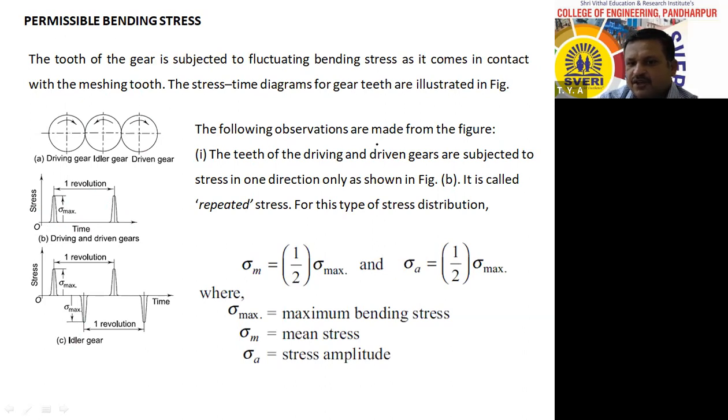Therefore, the following observations are made from the figure. First, the teeth of the driving and driven gears are subjected to stress in one direction only, as shown in figure B. This is the x-axis, it is time. This is the y-axis, it is the stress. For one rotation, the stress reaches its maximum, sigma max.